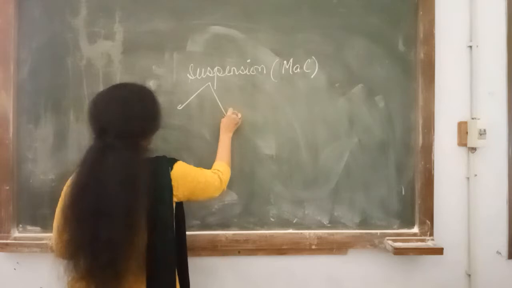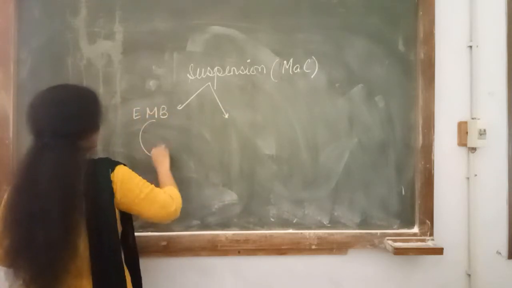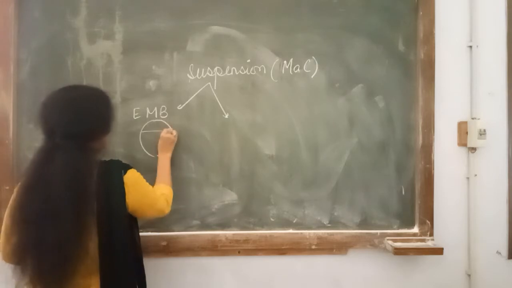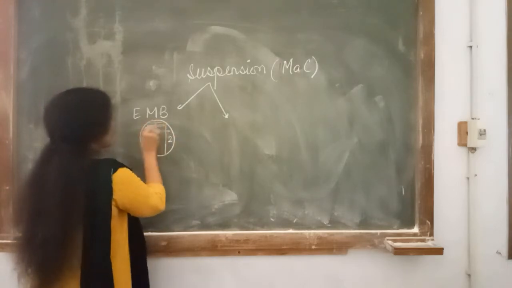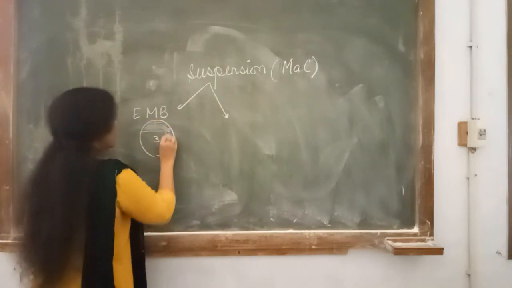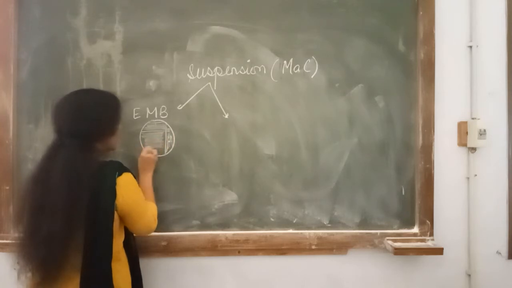Okay, first of all, EMB agar media is taken, then after it is marked with 3 different sectors, and the suspension is used to streak the EMB agar completely and very nicely.